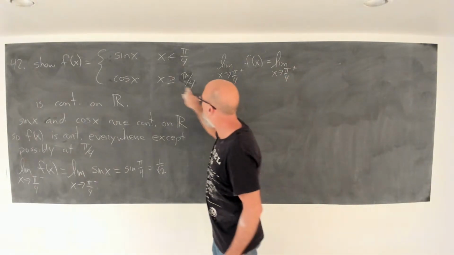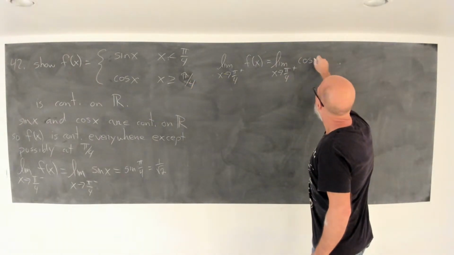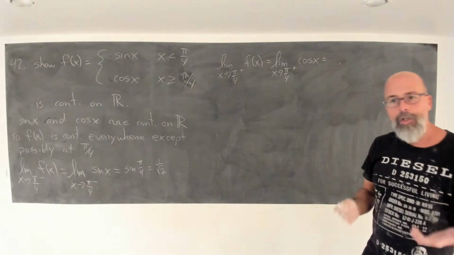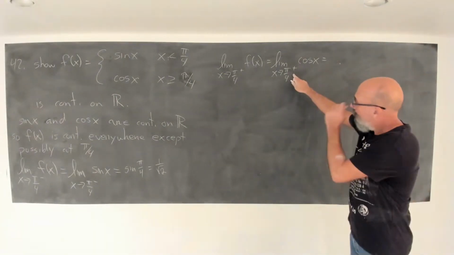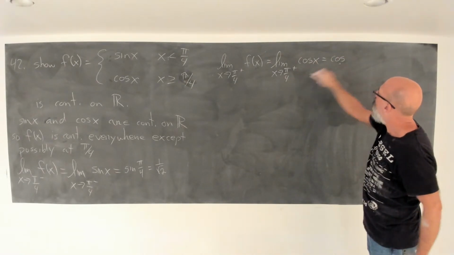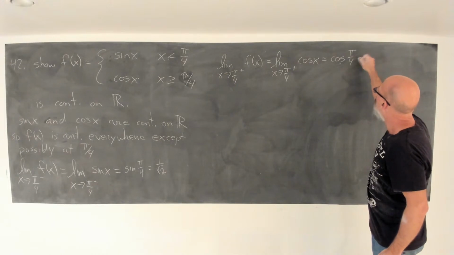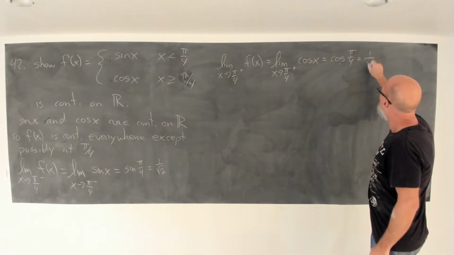For values bigger than pi over 4, your function is cosine. And once again, you know cosine to be continuous. So the limit of cosine is just going to be cosine of pi over 4, which is 1 over root 2 again.